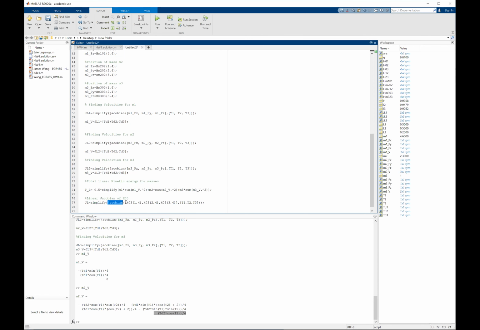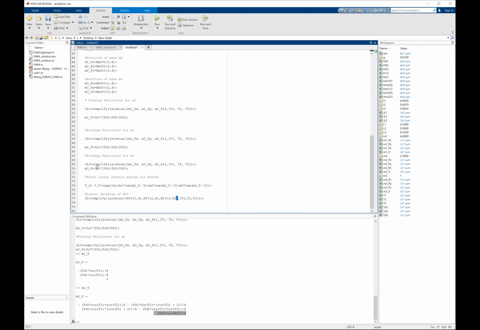But note, you need to first have the square bracket H03 1,2,3,4 with respect to T1, T2, and T3. And at this point, you are welcome to run this code and get the values of M1V, M2V, M3V, and so on. So let me see, how far did we run earlier?